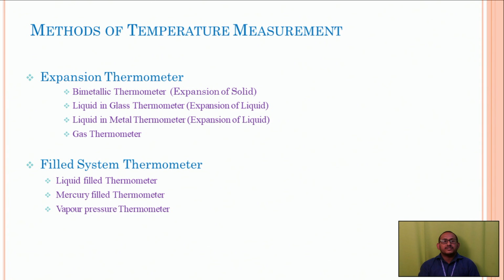Based on the expansion of liquids only we can measure the temperature, as the temperature increases. The third is the liquid in metal thermometer, which also deals with the expansion of liquids. The fourth is the gas thermometer.